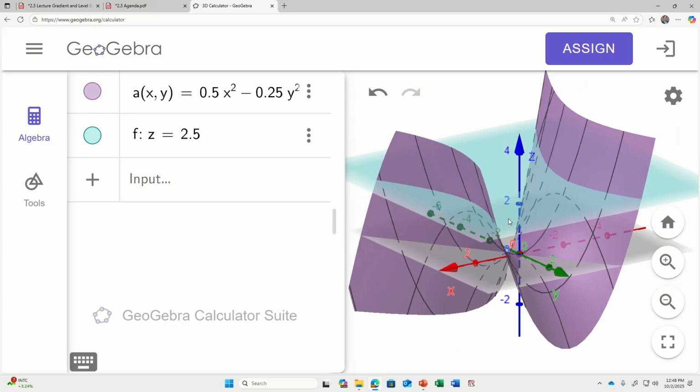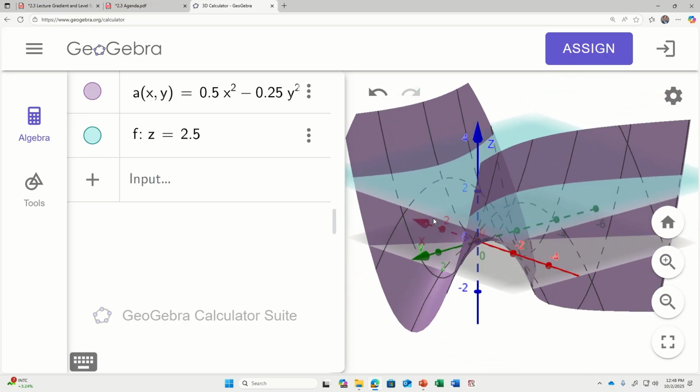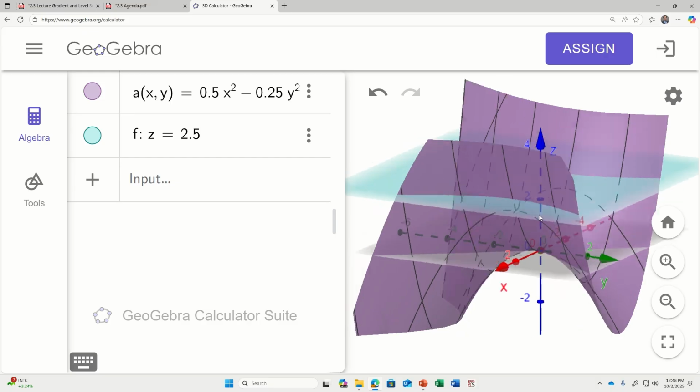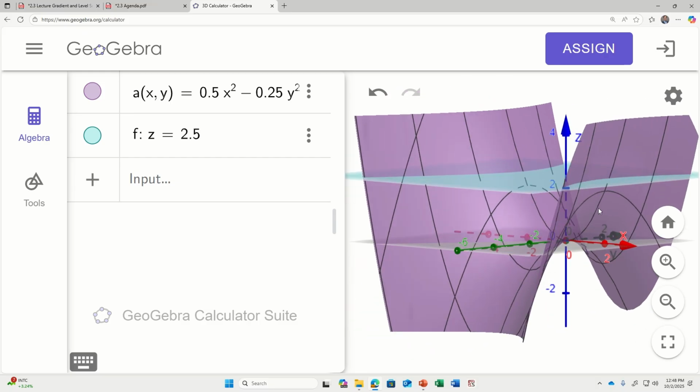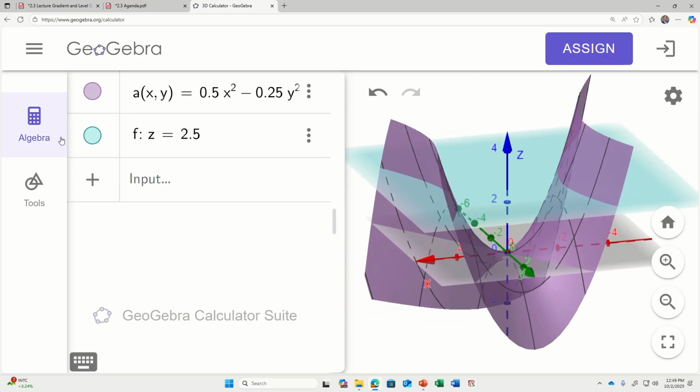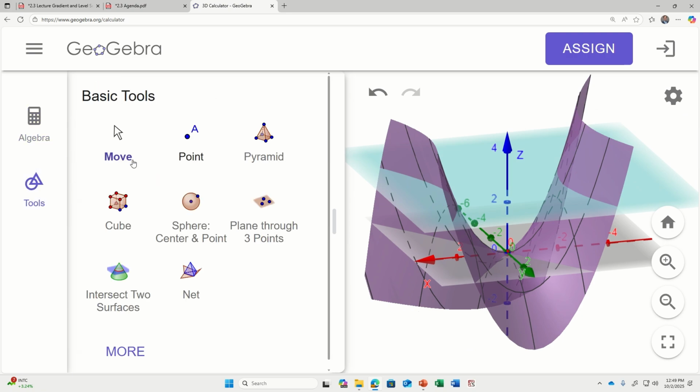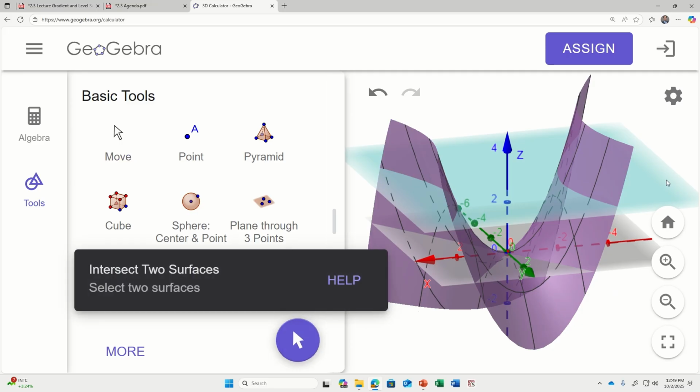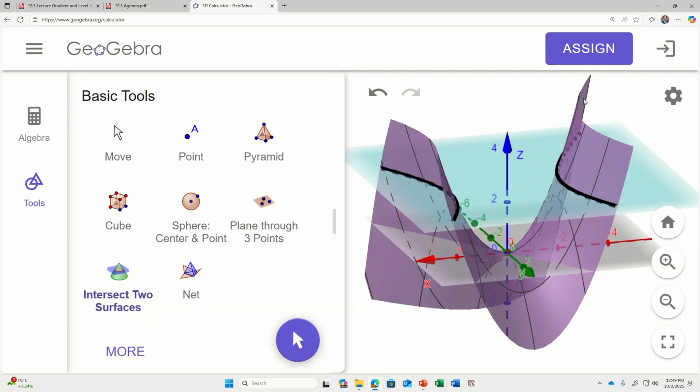And to get the level curve, you would look at the intersection between the blue plane and the purple surface. And that intersection is a curve. GeoGebra does have a tool. If you click on Tools and click Intersect Two Surfaces, then you've got to select the two surfaces you want to intersect.